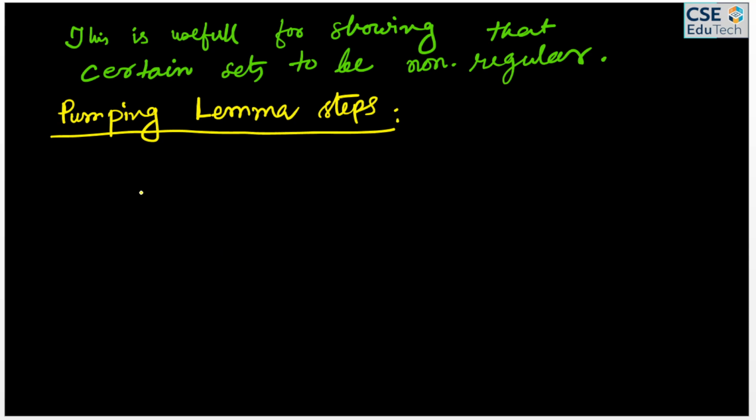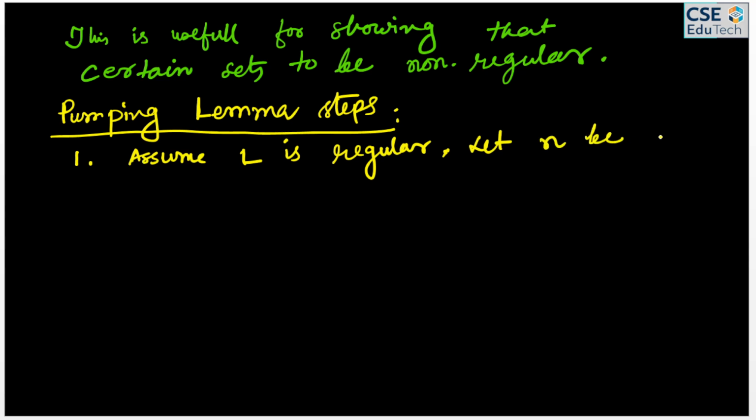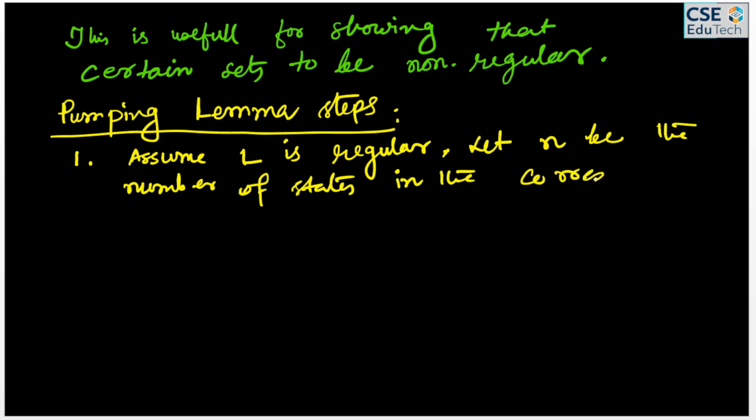Right? Number one, we have to assume that L is regular. Initially, we have to assume that L is regular, and let n be the number of states in the corresponding finite automata.